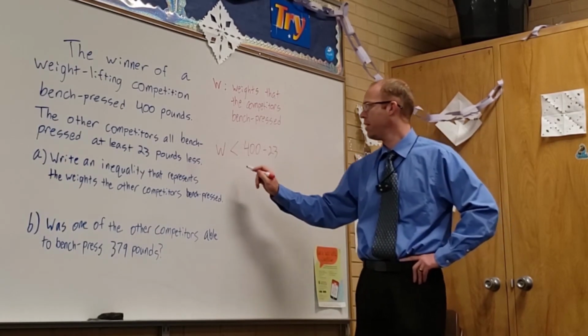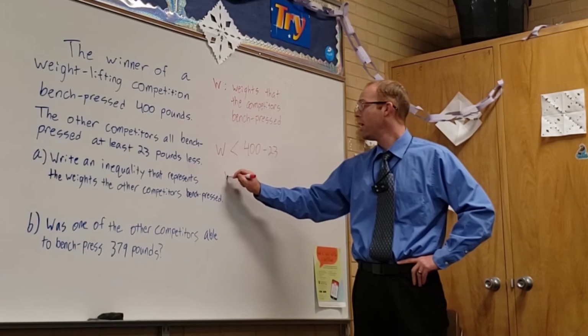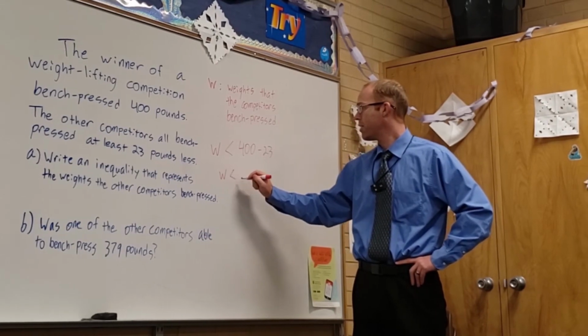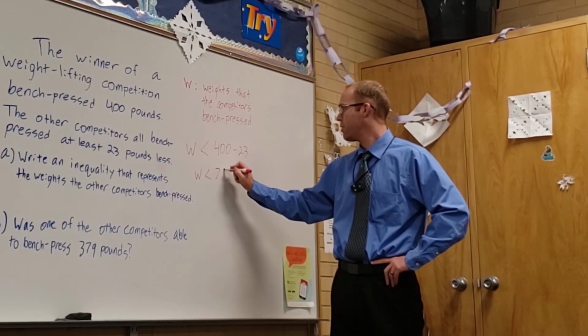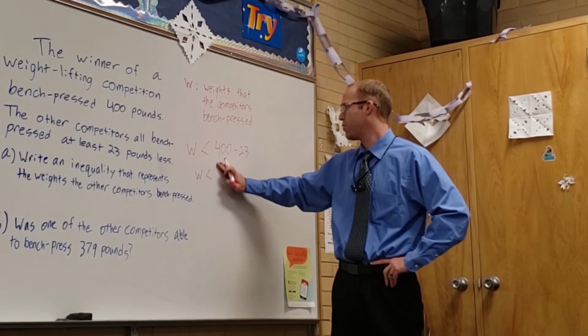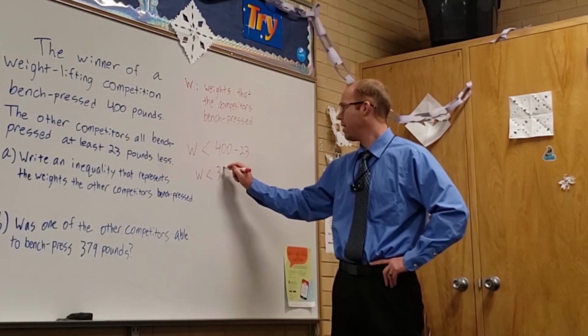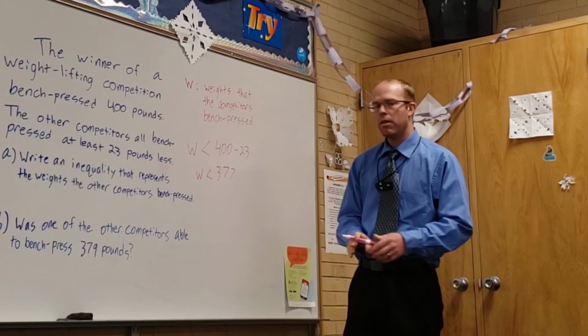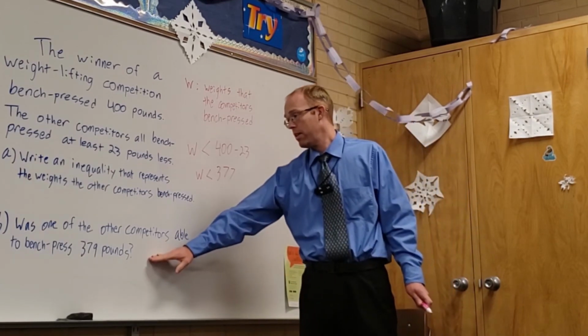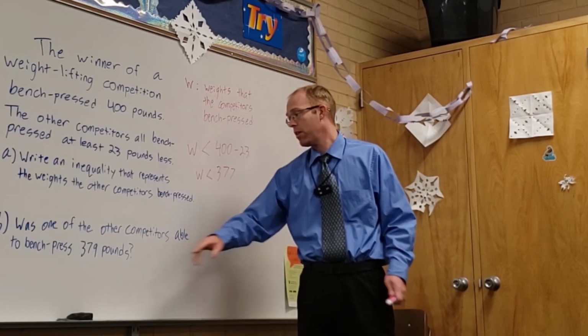This can be simplified if I do 400 minus 23 and I say W is less than 377.